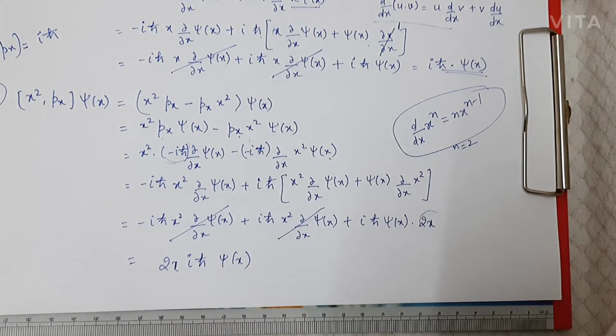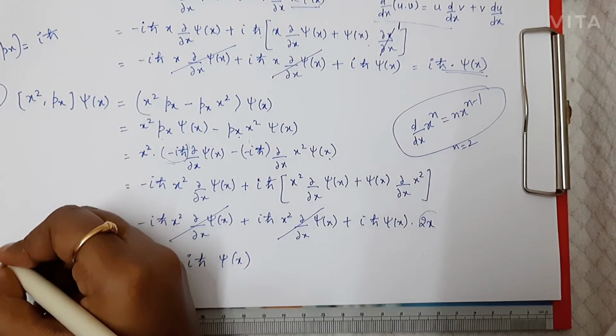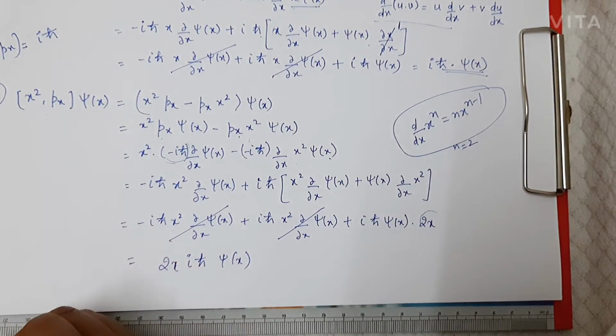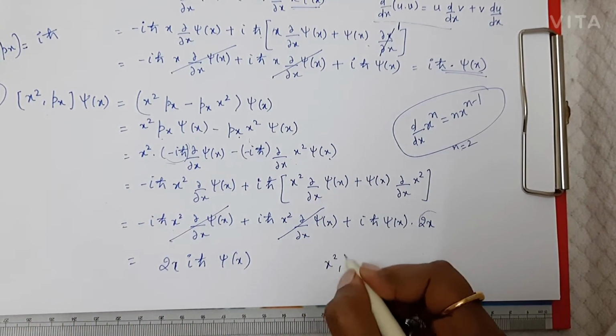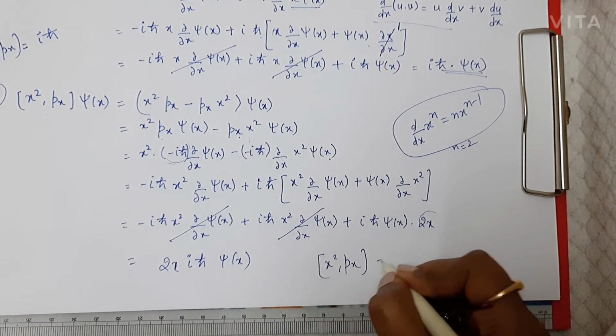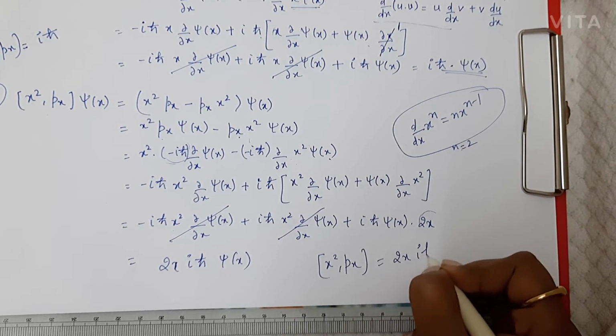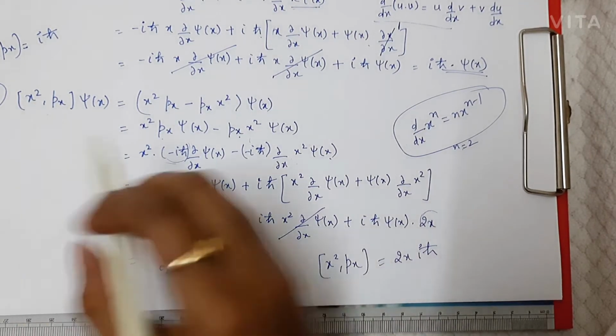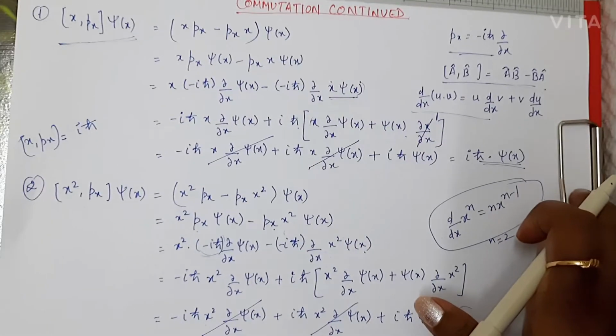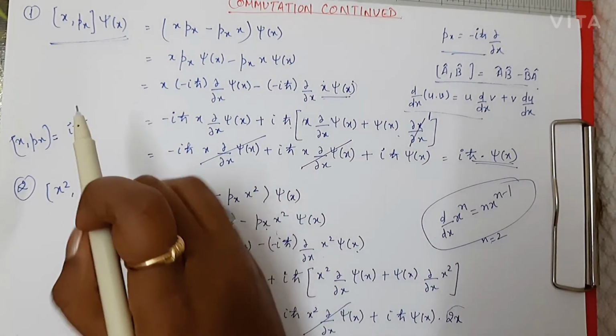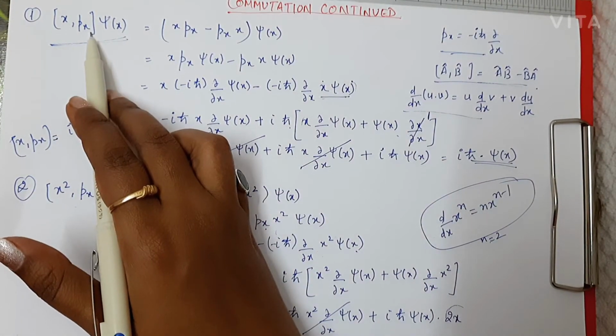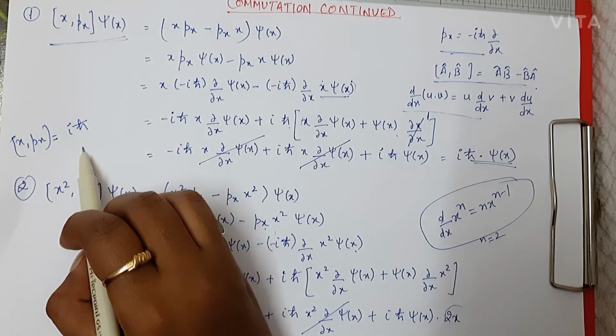Now these two terms will be cancelled out, and we will be getting the answer as 2x iota h cross psi x. Now here what we can observe is, if we are solving the x square px commutation, we are getting 2x into iota h cross, and initially when we were solving the commutation of x and px, we were getting the answer as iota h cross.